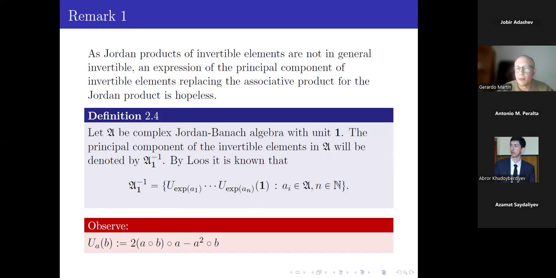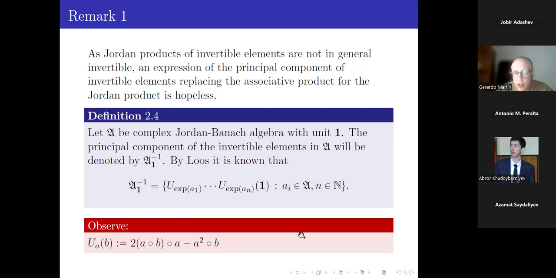So an expression similar to the previous one, changing the associative product for the Jordan product, is hopeless. But we know, due to a result by Loos, that the principal component in the case of a unital Jordan Banach algebra can be written in terms of the U operators of exponentials of elements, where the U operators are defined in the following way with respect to the Jordan product.